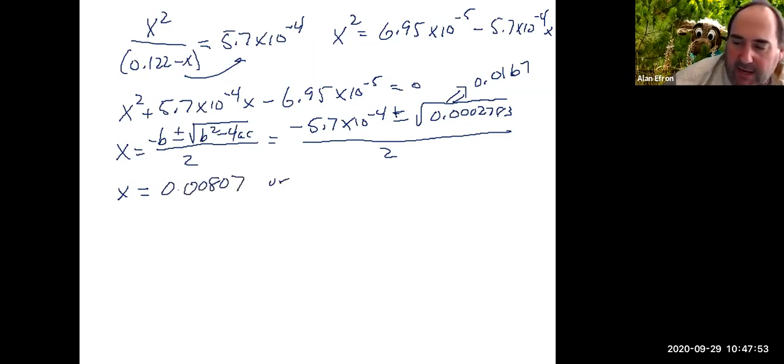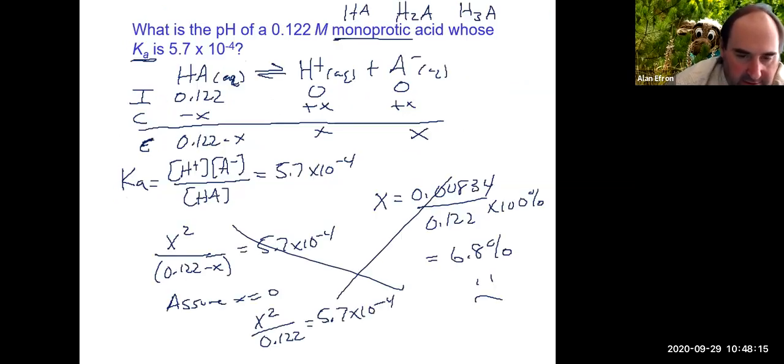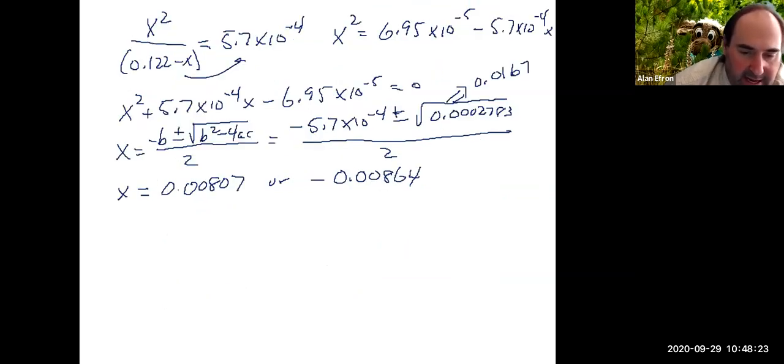And doing the minus part, minus 5.7 to the minus 4 minus 0.0167, divided by 2, gets us a negative 0.00864. As we look back at our ICE table, we're interested in our H plus concentration, which is X. So clearly we cannot have a negative X. This right here should be our correct value for X.